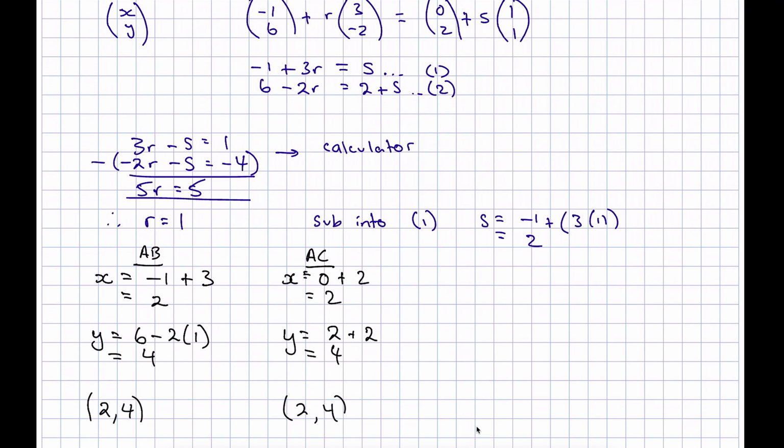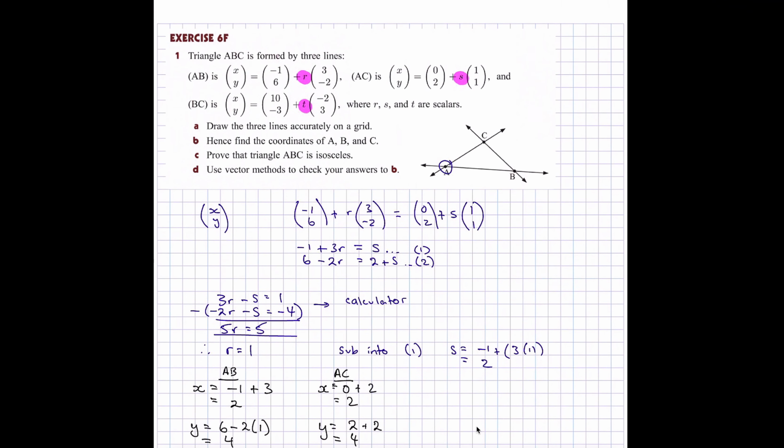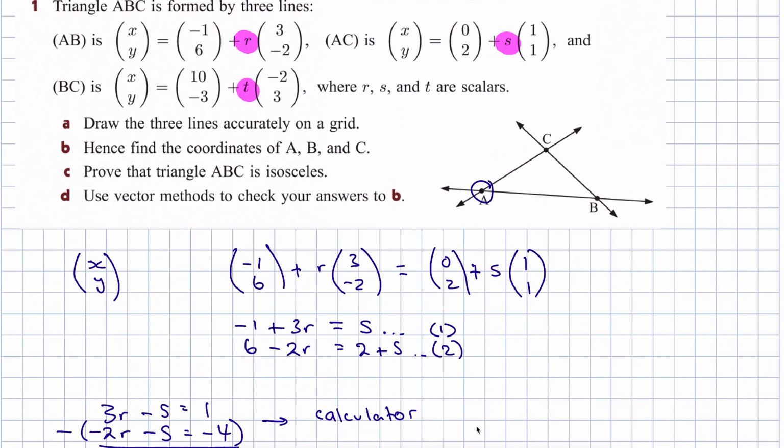Okay, like I said, that doesn't solve the whole question there. All of these are in a set of questions which say, okay, we'll work out the other 2 points and then use some sort of method to prove that it's an isosceles triangle. Okay, now we have stuff from previous topics to look at. You could, if it was isosceles, look at the lengths of the sides, but also angles you could work out.